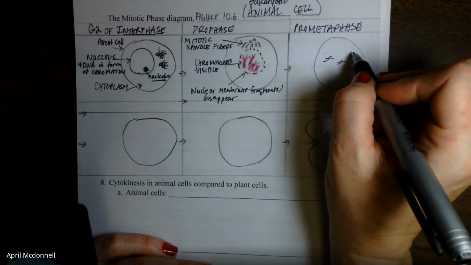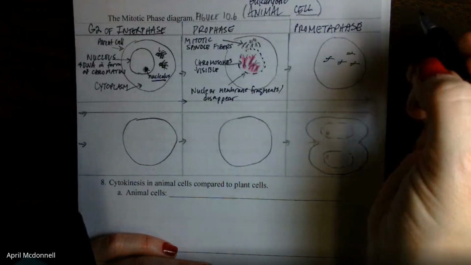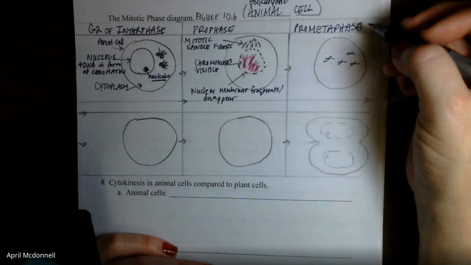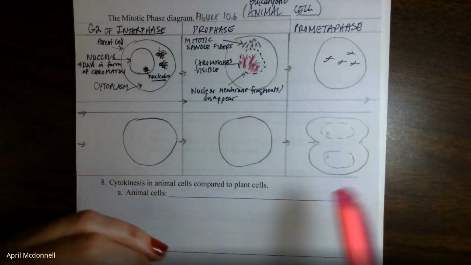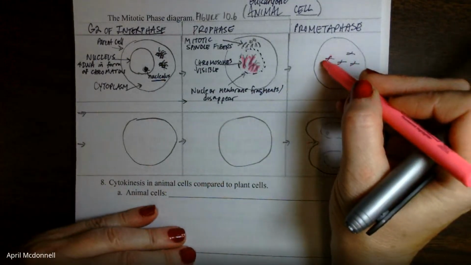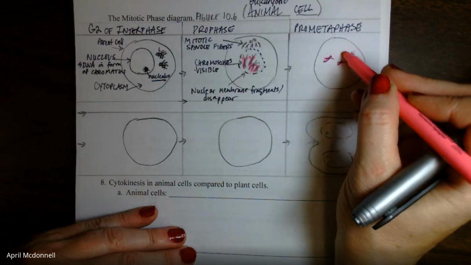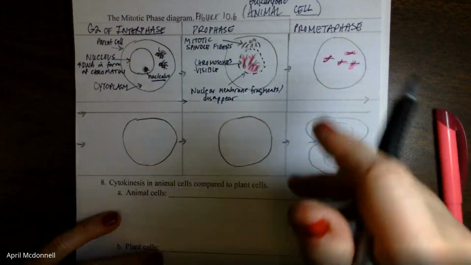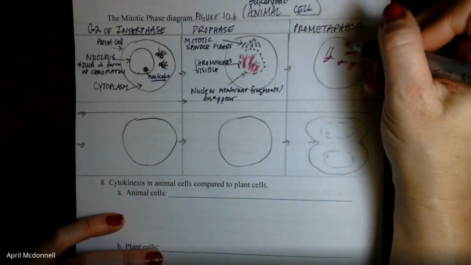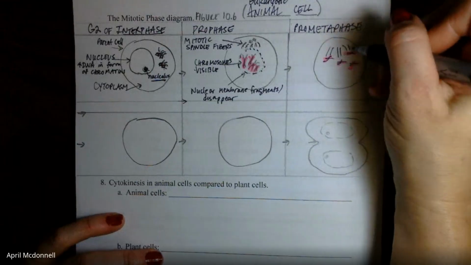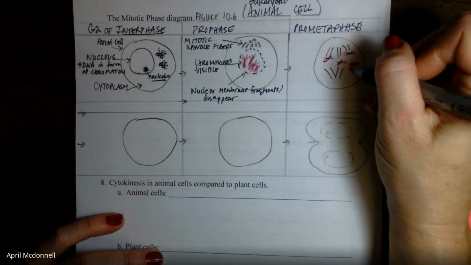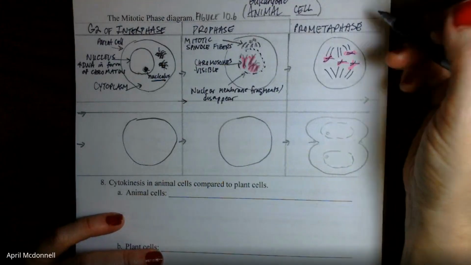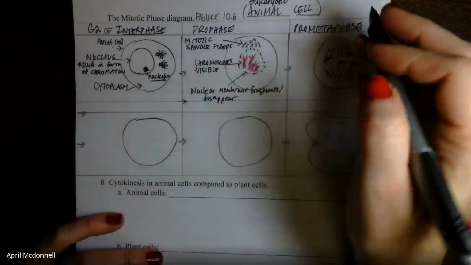During prometaphase, the chromosomes, which are going to be shown in pink right here just for the ease of drawing, attach to what we call the spindle microtubules. This is all a type of protein that is growing out of the mitotic spindle.